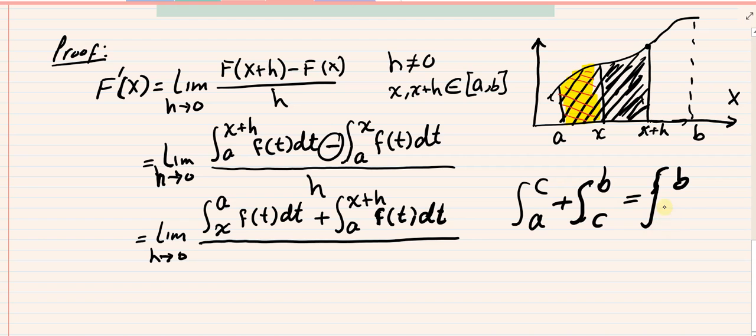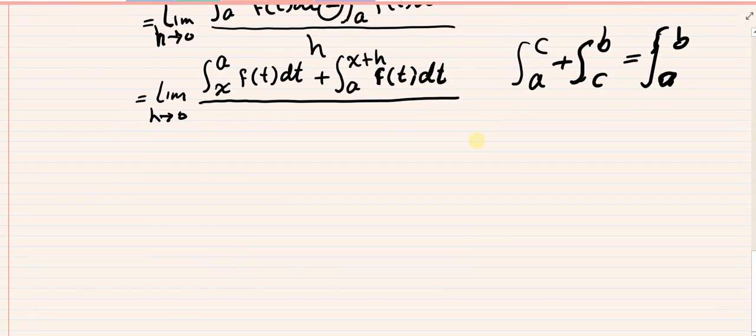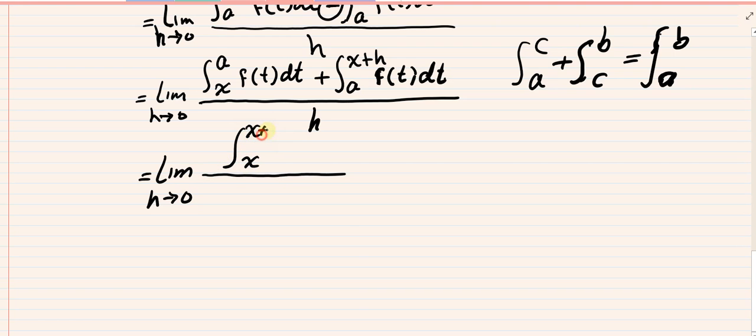So that's what I'm using here. So we're going to join the numerator as one. So this is going to be equal to the limit as h goes to 0 of the integral from x, the lower limit, to the upper limit of the second one, f(t) dt, divided by h, right?